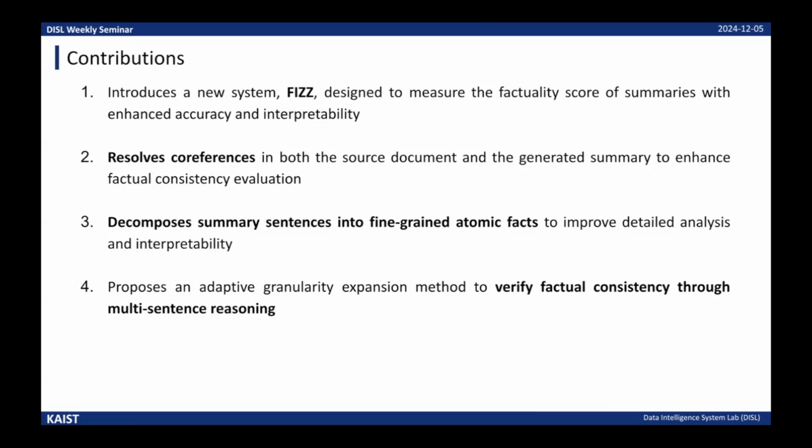Third, they enable more detailed summary evaluation by breaking down summary sentences into smaller atomic facts. Fourth, they propose an adaptive granularity expansion methodology for summaries that require reasoning across multiple sentences.